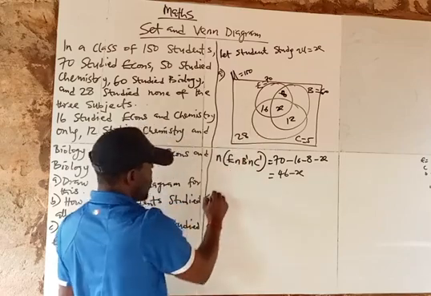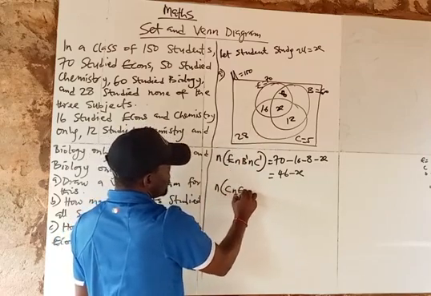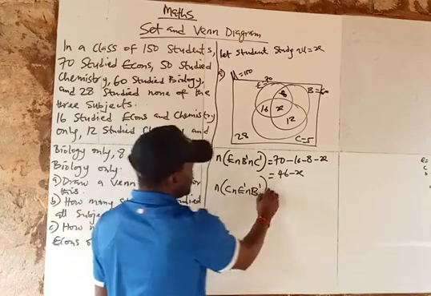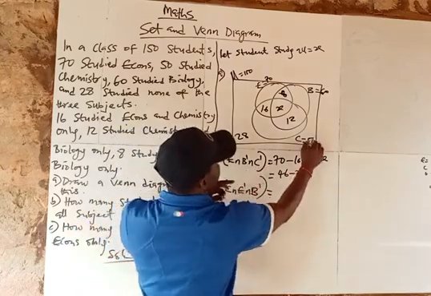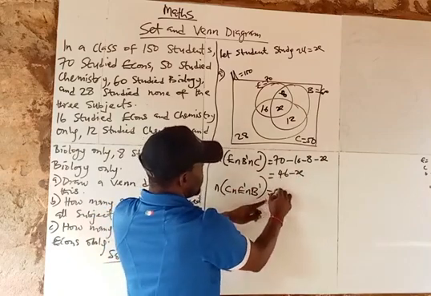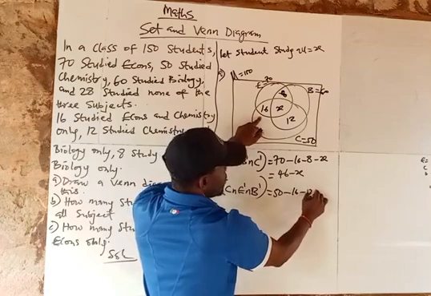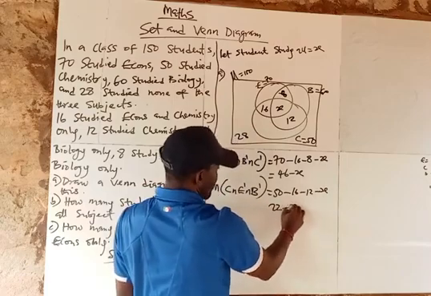So the same thing we do for other subjects. We have for chemistry, intersection economics prime, intersection biology prime. All these ones will carry prime because we are focusing on chemistry only. So chemistry now is how many students? Okay, it was 50. Chemistry is 50 minus 16 minus 12 minus x. This will be 22 minus x.